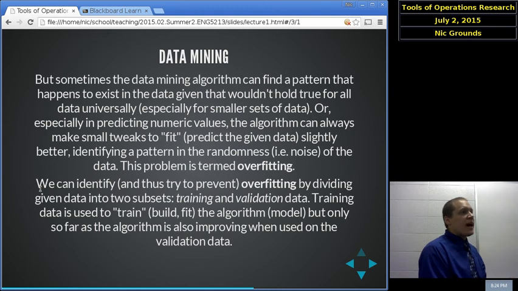Because without doing that, you won't really have a way to know if you have a problem of overfitting or not. If you don't split the data up and you don't have data to test on versus train and build the model on, you're only building the model, you won't know if it found a good pattern or a bad pattern or a pattern that doesn't really exist or is fitting noise and randomness.